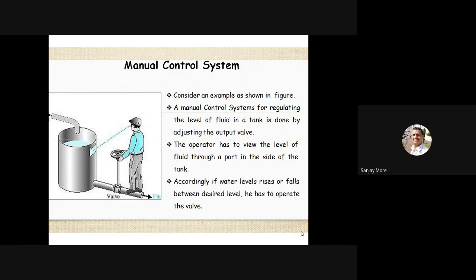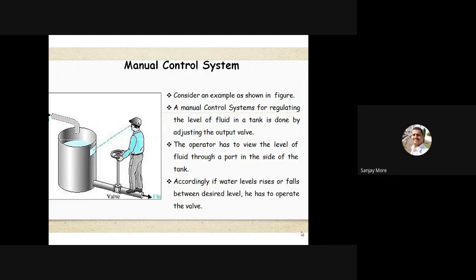See the difference between manual and automatic control systems. Here, in the manual control system, a water tank is filled with water with the help of a pipeline, and a human controls the water level after filling the tank with the help of a valve. Consider an example: a manual control system for regulating the level of a fluid tank is done by adjusting the output valve or control valve.